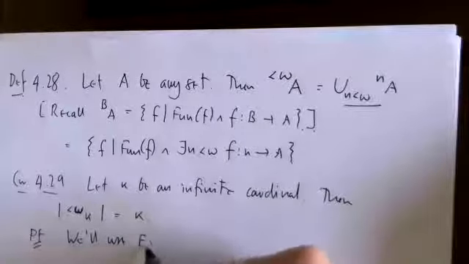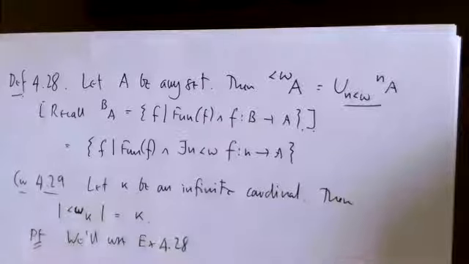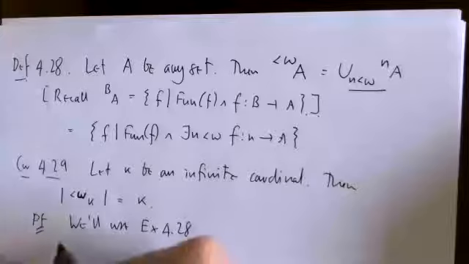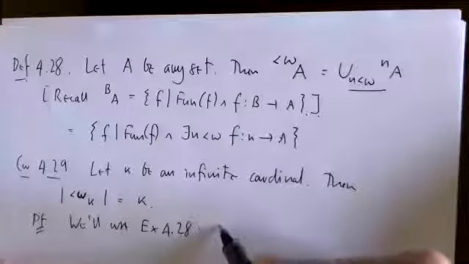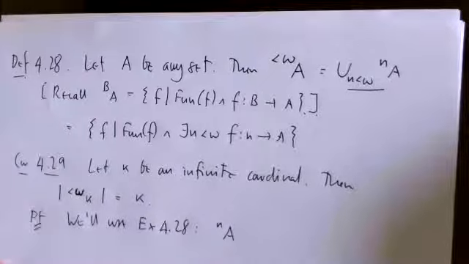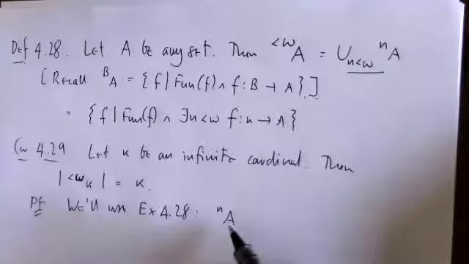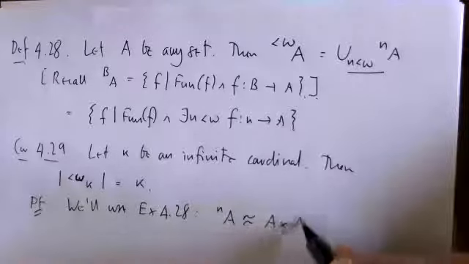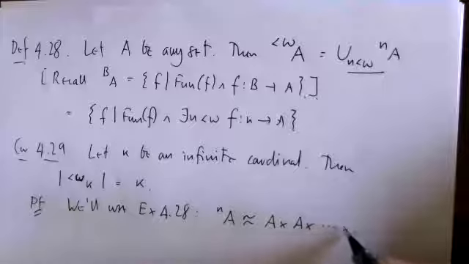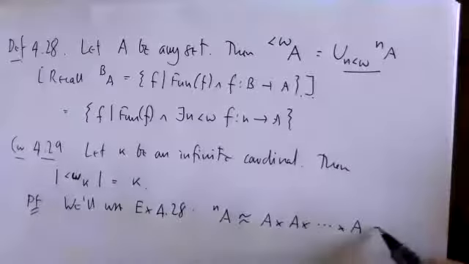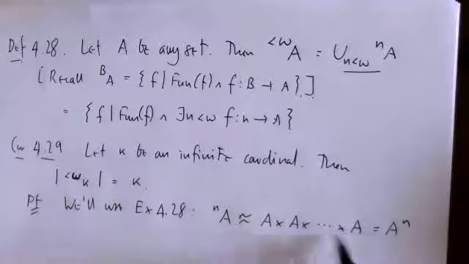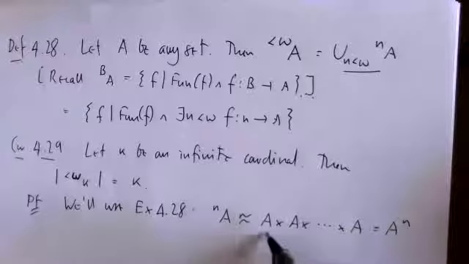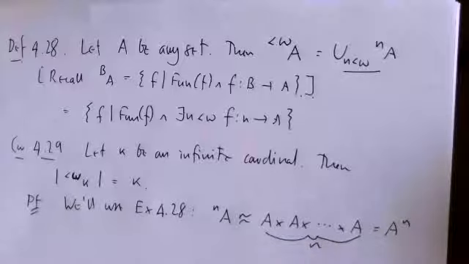We use here exercise 428. It's a way of, we identify the functions, or we can think very easily of the functions from n into kappa as just being n-sequences of elements from A. Recall that this notation, A to the n up here, is shorthand for the n-fold Cartesian product of A with itself.